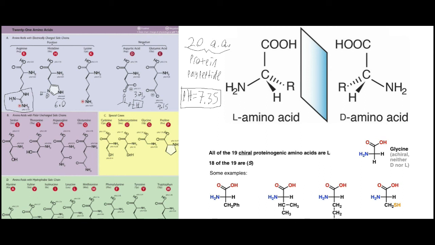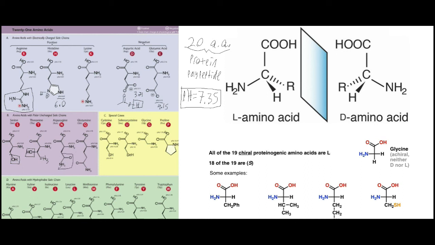and this gives them this negative electric charge. Down here we have the polar but uncharged amino acids, and you can see the side chain on serine, for instance, has this hydroxyl group. Threonine also has a hydroxyl group, but then it has this CH3 group coming off. Asparagine and glutamine have these right here.